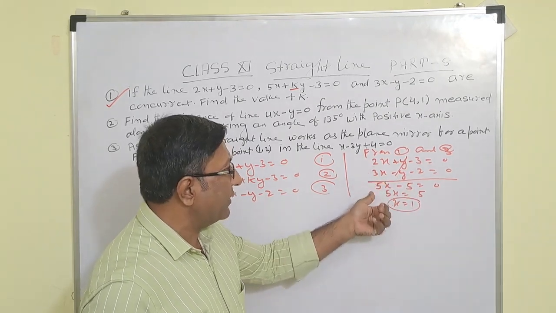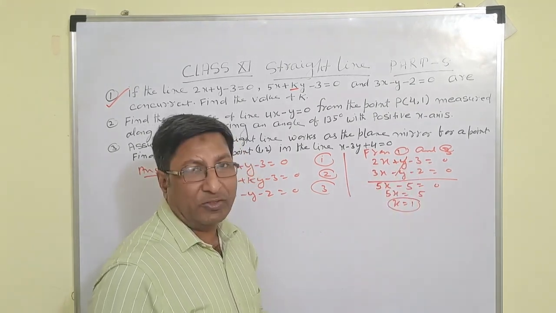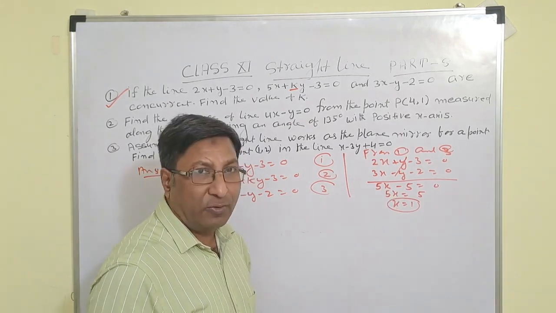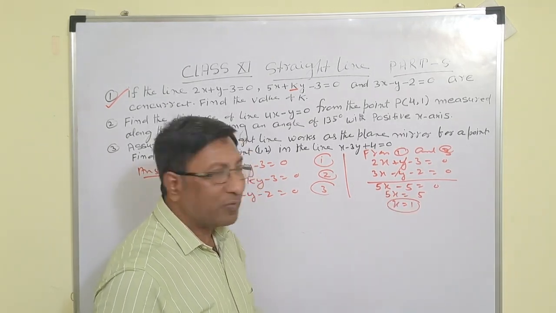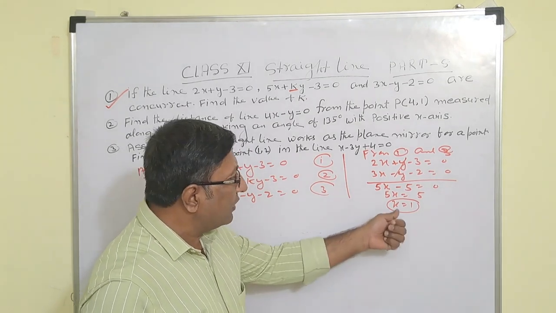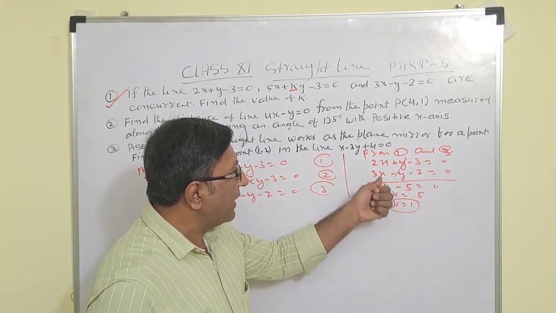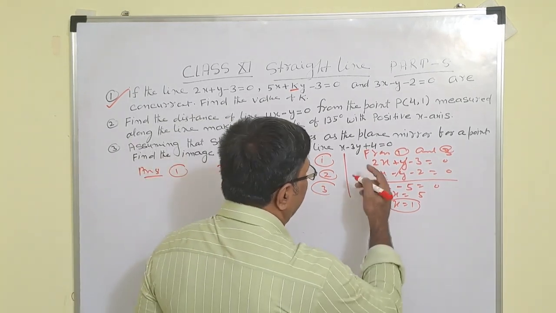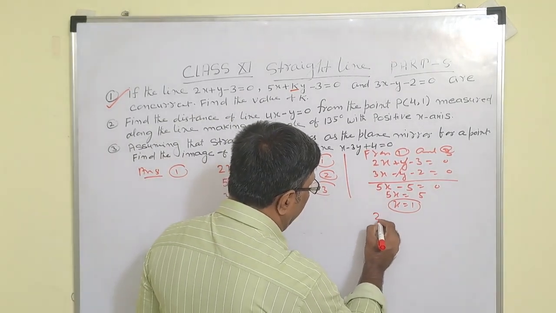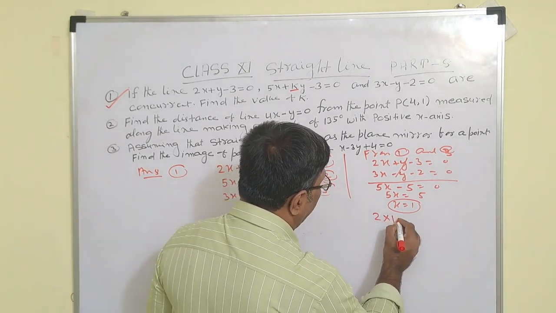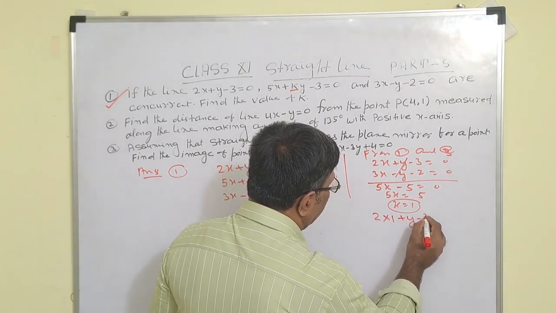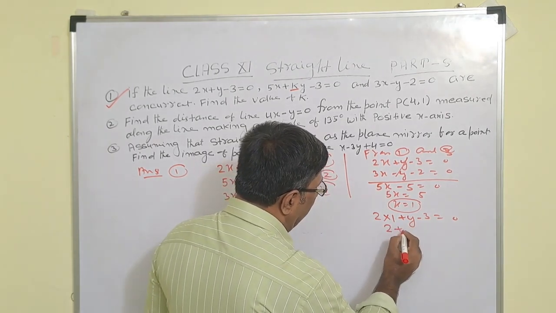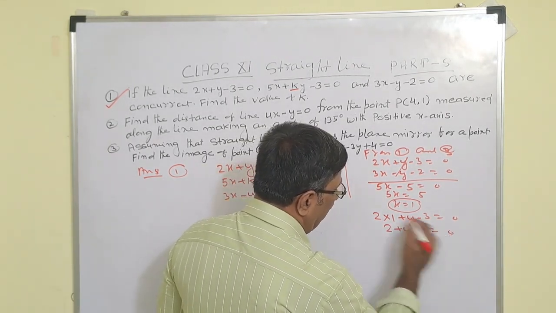When we add, we get 5x, and minus 3 minus 2 is minus 5. So 5x minus 5 equal to 0, 5x equal to 5, so x equal to 1. Now put x equal to 1 in equation 1 or 3. Suppose we put it in equation 1: 2 multiplied by 1 plus y minus 3 equal to 0.